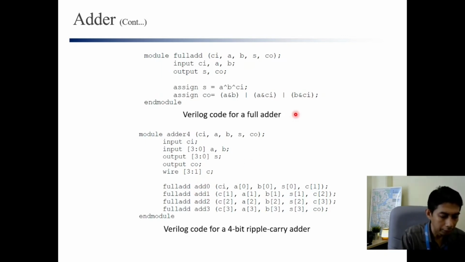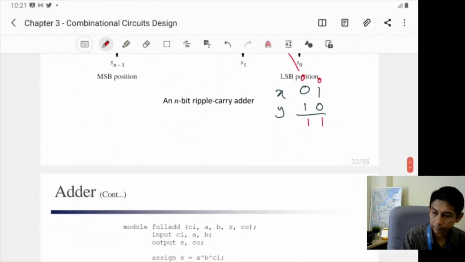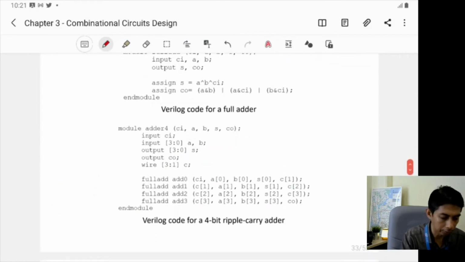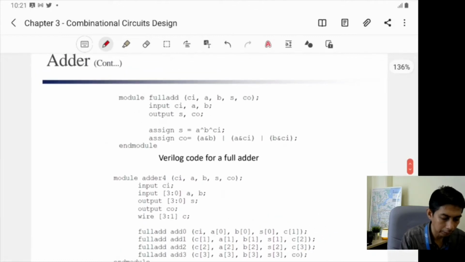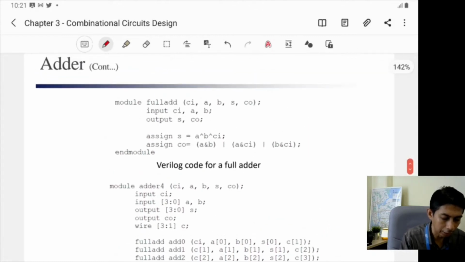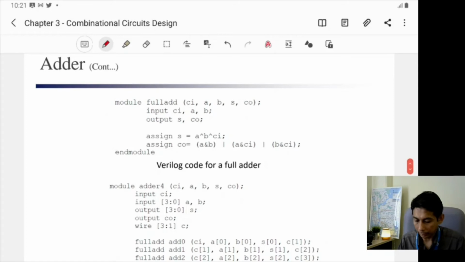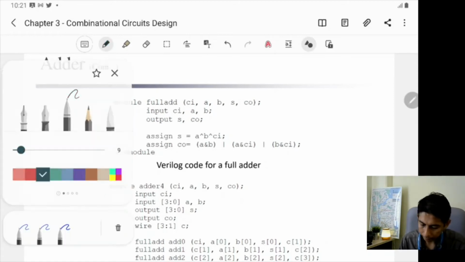So maybe I draw a little bit so that you can see. Okay, let's go to this. For this one, what you can have is something like this.